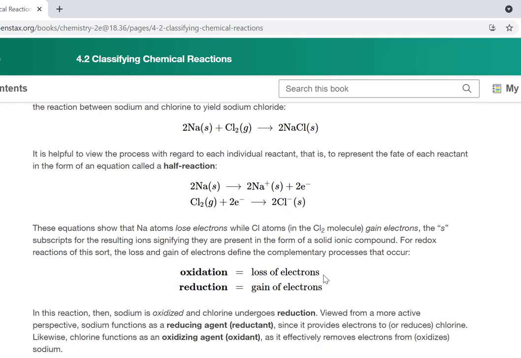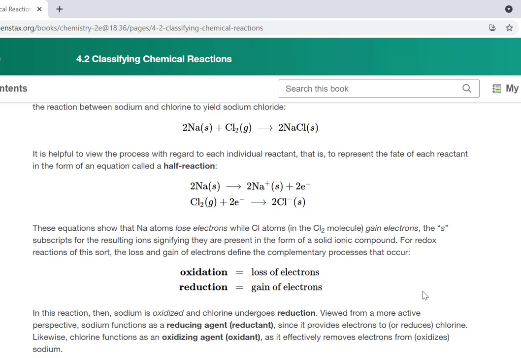So these are the definitions we'll be using for oxidation and reduction in this course. Oxidation is defined as the loss of electrons. Reduction is defined as the gain of electrons. Now this might seem a little bit counterintuitive at first because we have the word reduction and the word gain kind of together.